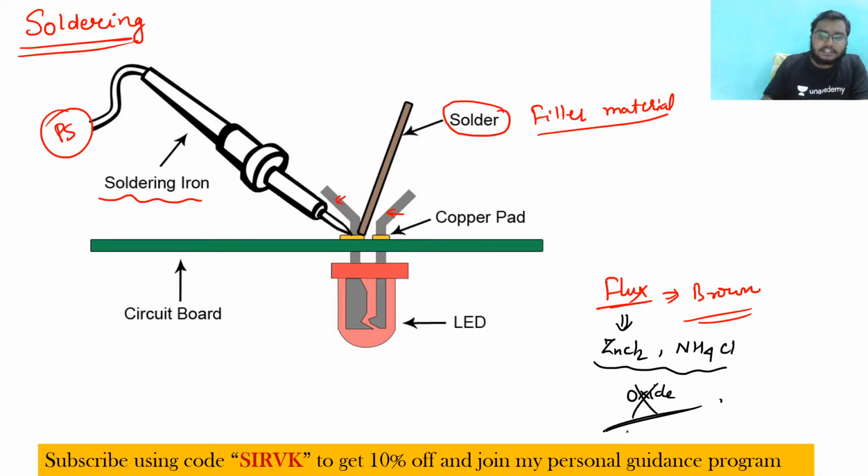Fine, so let us discuss the difference, my dear friend. Always and always there is a difference between soldering and brazing in terms of the filler material. So let us talk about the filler material.